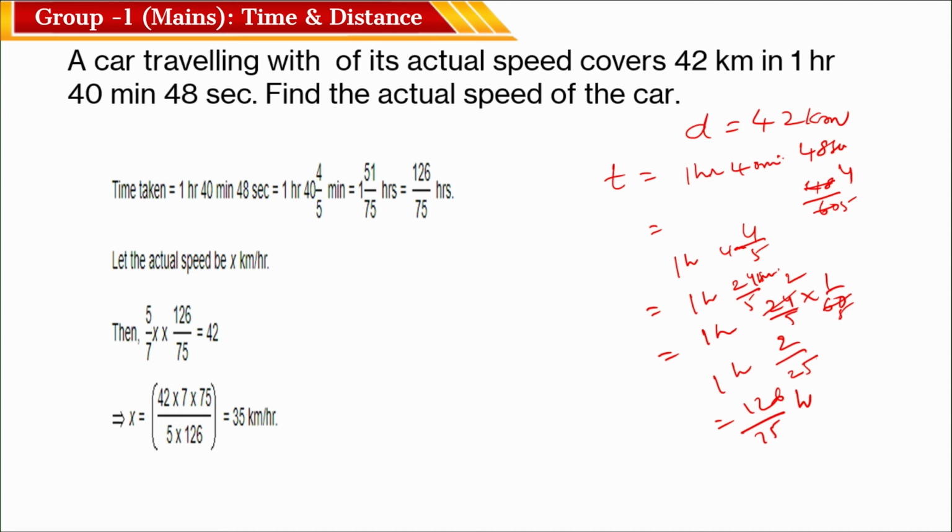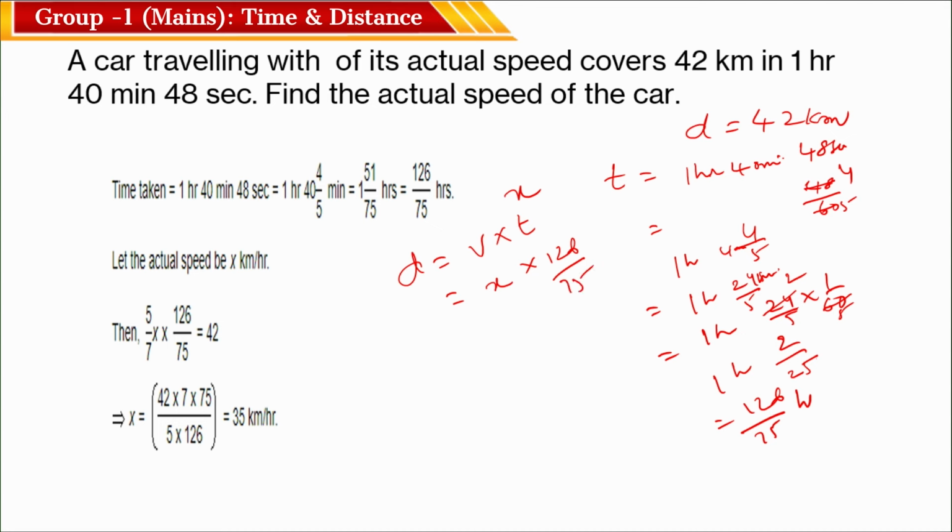Okay. Now we don't know the actual speed, say the actual speed is x, correct? So now we can say the distance d is equal to v into t. What is the speed? We don't know, say it is x, and time is how much? Time is 126 by 75, correct?